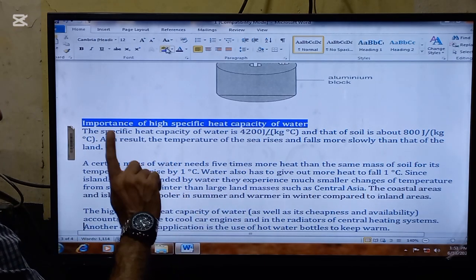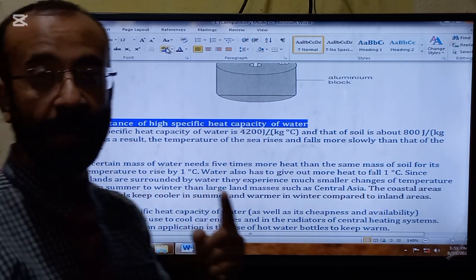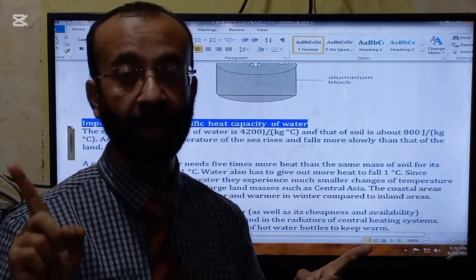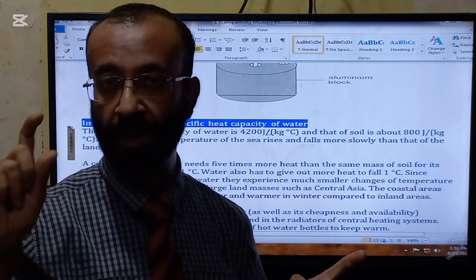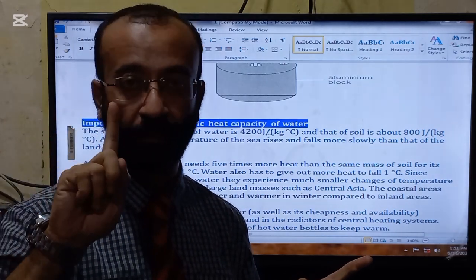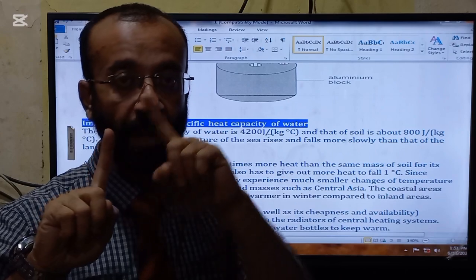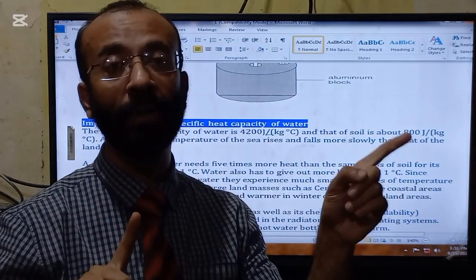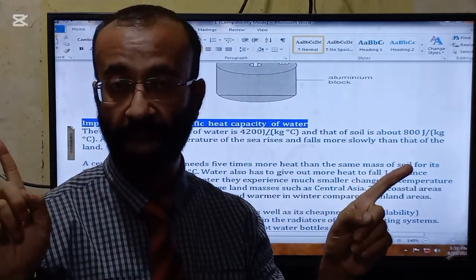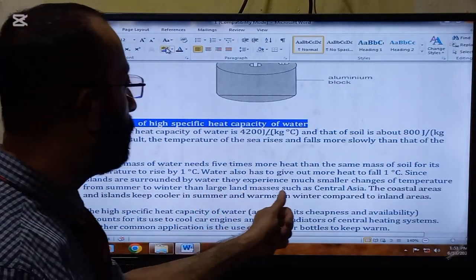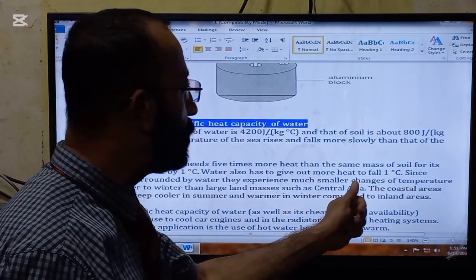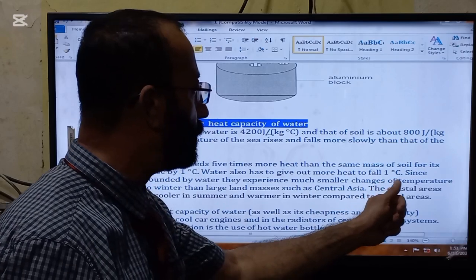If we are given 1 kg of water and 1 kg of soil, whatever energy is required for the soil to raise the temperature by 1 degree C, the water will take 5 times the energy of the soil. Water also has to give out more heat to fall 1 degree C.